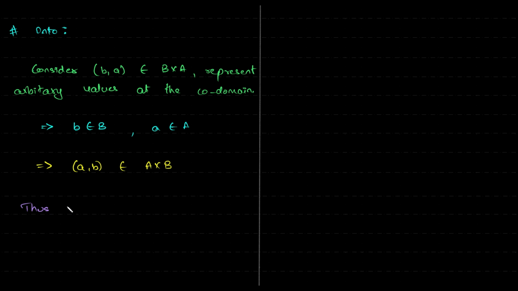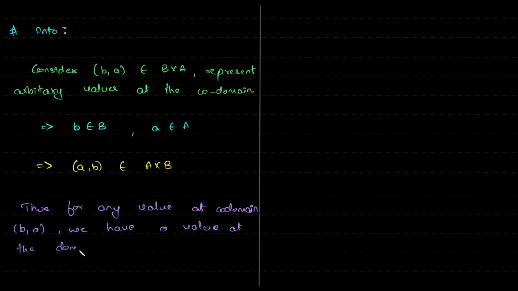So finally I can tell, thus for any value at the codomain, which is B comma A, we have a value, or values, in this case value only, at the domain as A comma B, such that when I give this input to the function, it will give me the required output.